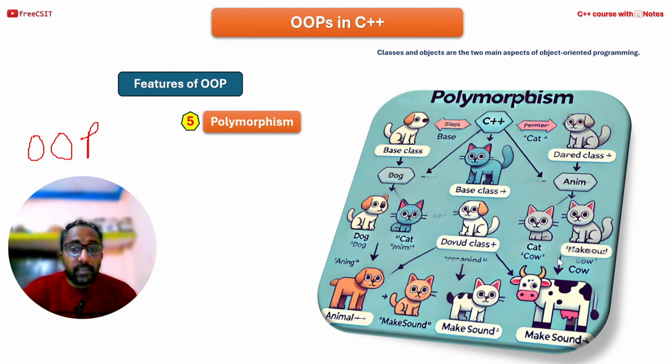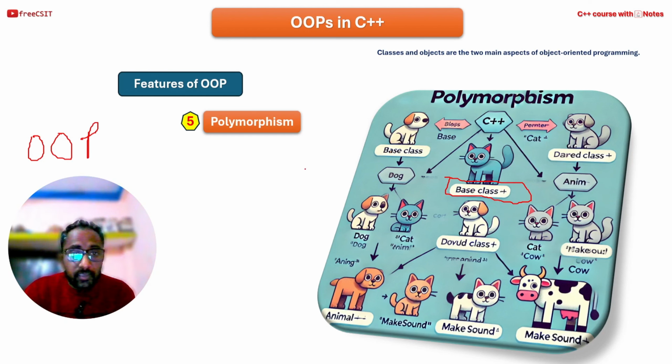You can see in this image illustrating polymorphism in C++, showing the base class, which is animal, and the derived classes dog and cat.